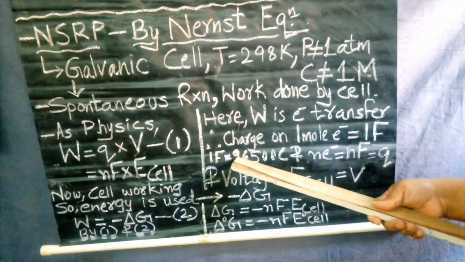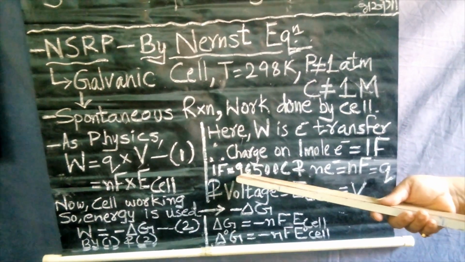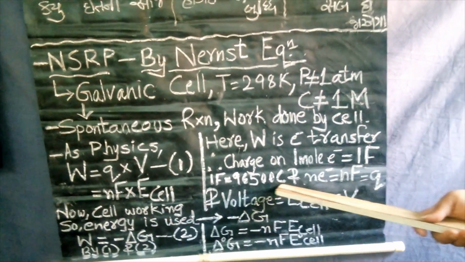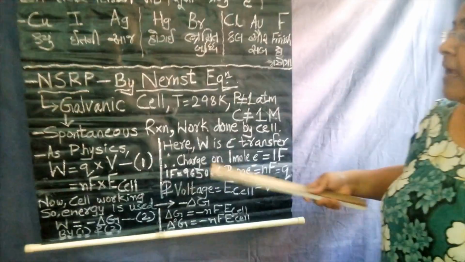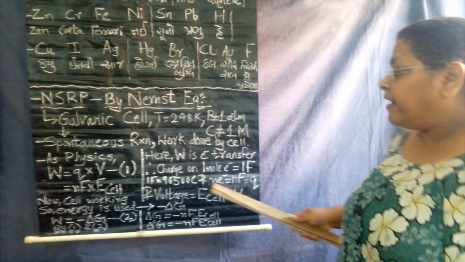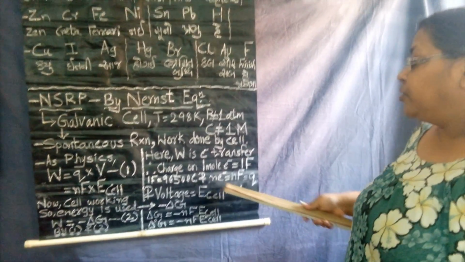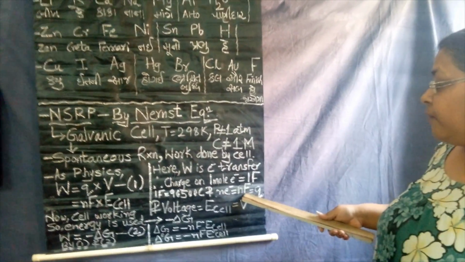It is actually 96487, but as per the international unit, it is now taken as 96500 coulomb. Now if the electron transfer is considered for a different cell, let us consider it as n, the number of electrons. So it will be nF, which is taken as charge Q.